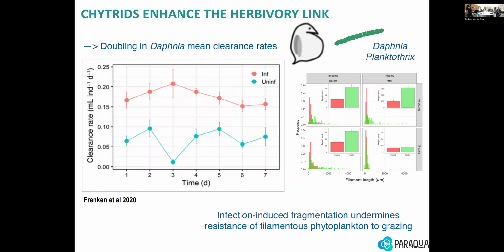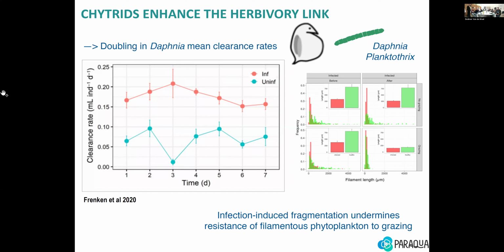The following step was from Thais, I think this was done at the IGB, using Daphnia as a model, to try to understand which processes were involved in consumers growing in this situation. It was shown quite nicely that there is an increase of the clearance rate, so a consumer can feed more.